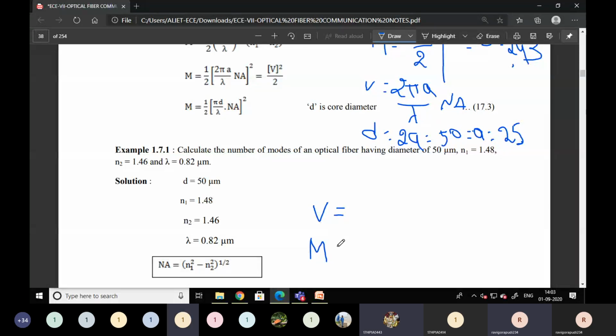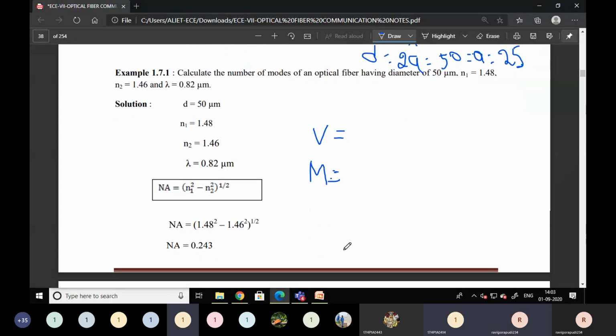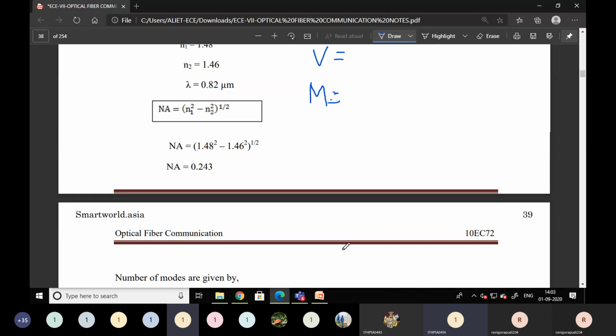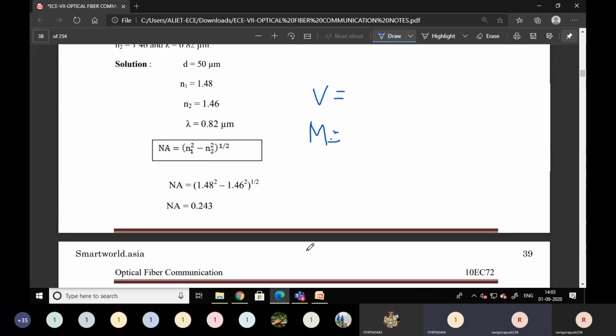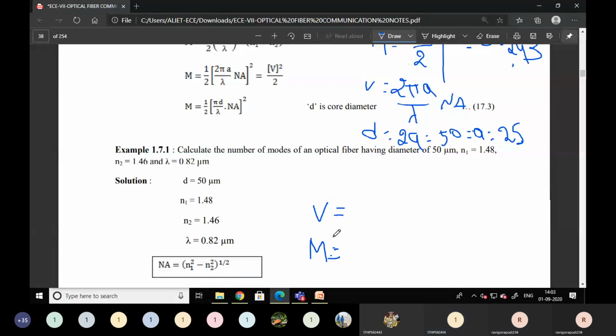So whatever it may be, just find M. M is V square by 2. Find out V square by 2. Quickly you can find. Five came now only. Number 5.